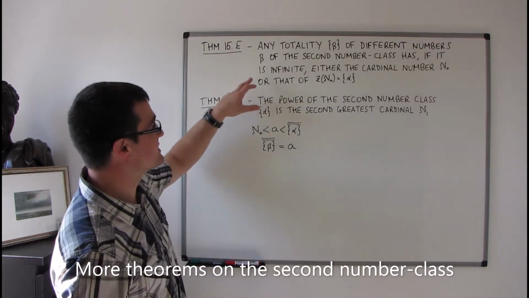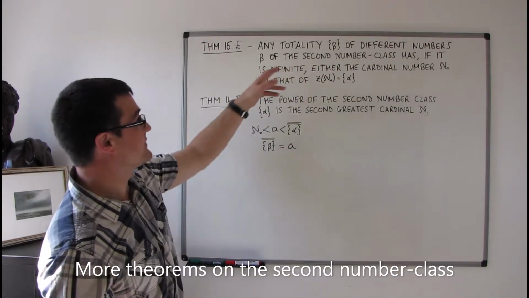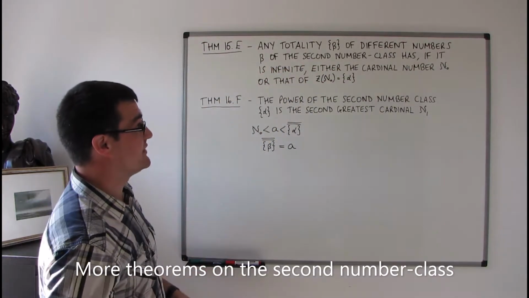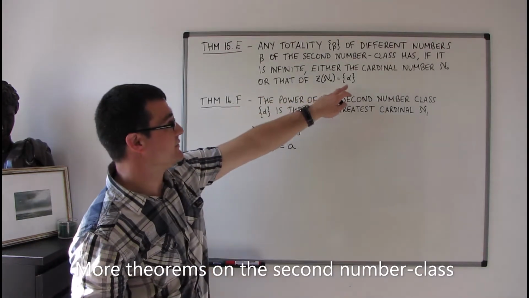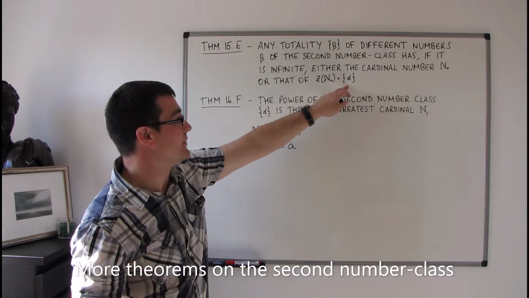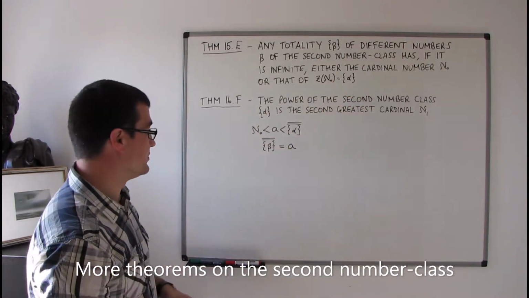Well, if that's the case, then using this theorem up here, a totality of different numbers of the second number class, if it is infinite, either has the cardinal Aleph naught or the cardinal number of the second number class itself.